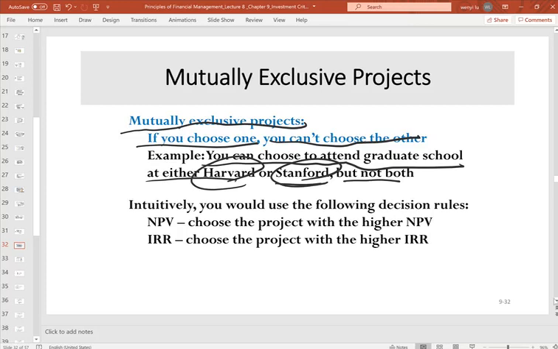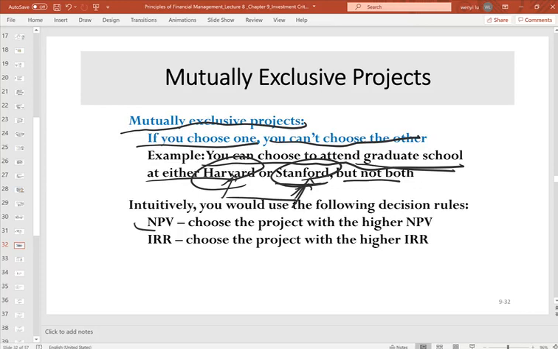Only if you could attend remotely maybe, but as a regular graduate student, you need to attend the physical class in a real classroom. So you cannot go to both campuses at the same time. So it's either or, but not both.